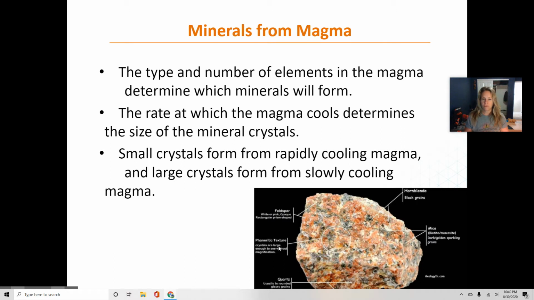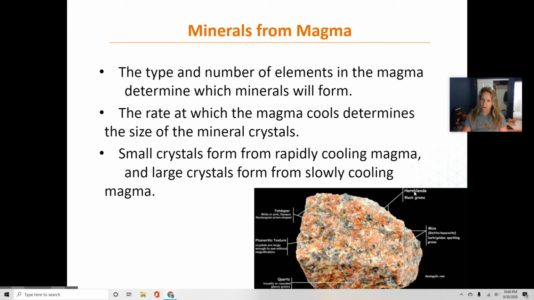And that tells us that it formed underground, which we'll learn more about later. But anytime you can see any type of mineral in it, that means it formed underground. If you can't see minerals, like for example, obsidian, it's all one color, so it formed above ground. So that's how you can tell. If you pick up a rock, you can tell exactly when and how it formed.